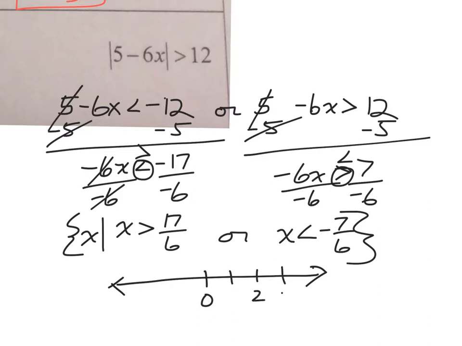So here's 2 and here's 3. 2 and 5/6 would be almost a 3. So a parenthesis and shade to the right. How much is negative 7/6? Yep, it's negative 1 1/6. So just a little bit past negative 1 and shade to the left.